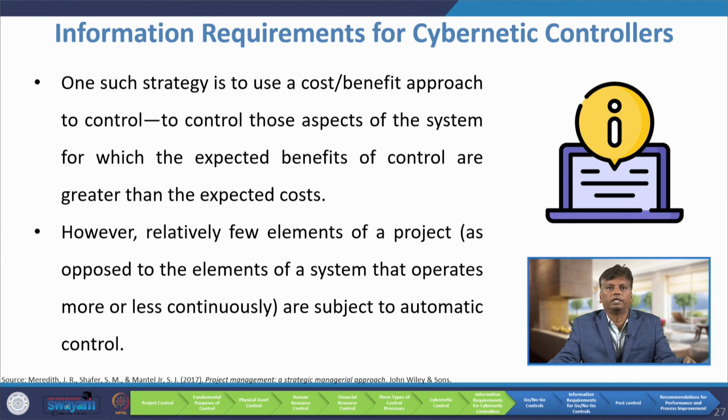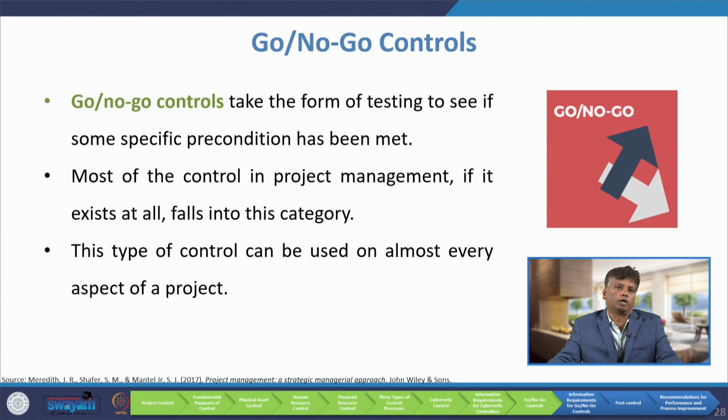However, relatively few elements of a project, as opposed to the elements of a system that operates more or less continuously, are subject to automatic control. So, the whole project's activities cannot be automatically controlled. Only a few elements of the project can be controlled automatically.